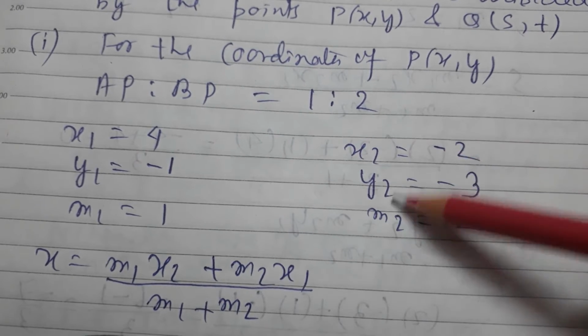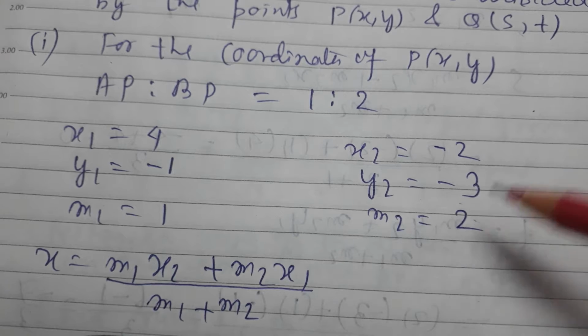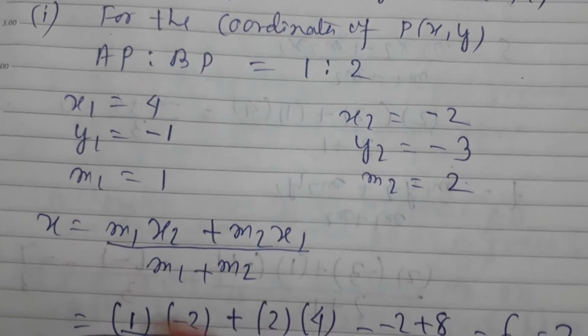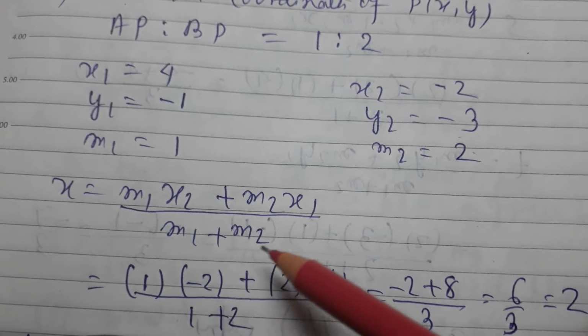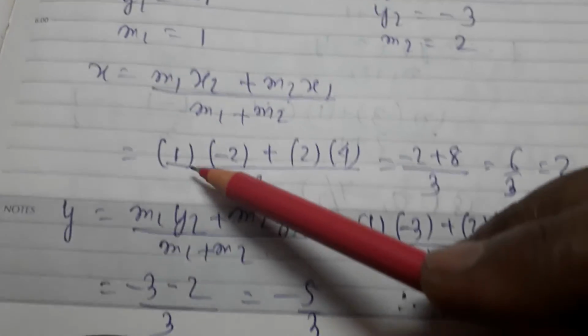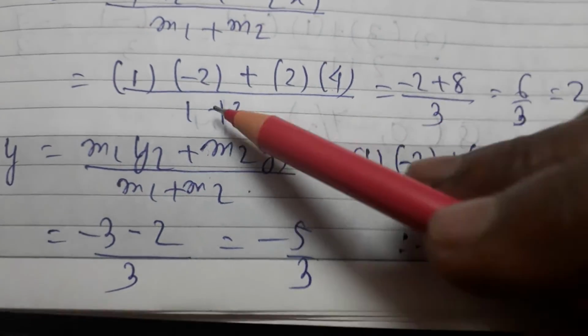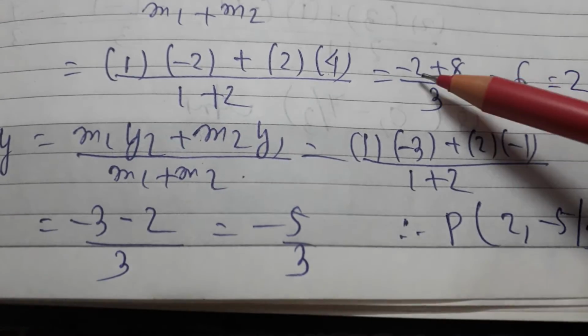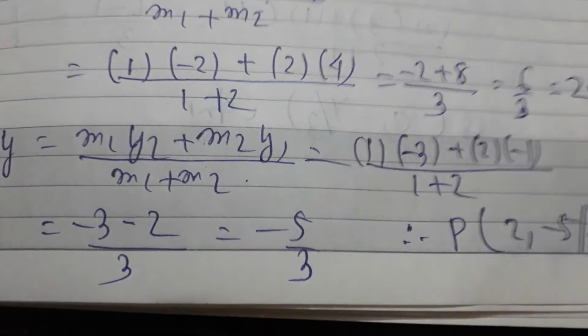And x2, y2 are the coordinates of the point B, and m2 equals 2. Now x equals (m1 x2 + m2 x1) by (m1 + m2). Now you write the values within the bracket. Now after calculation we get (-2 + 8) by 3, that is 6 by 3, which is 2.